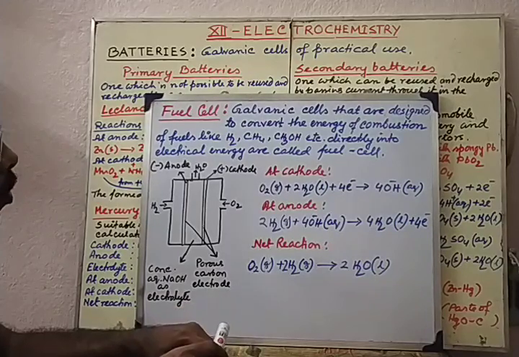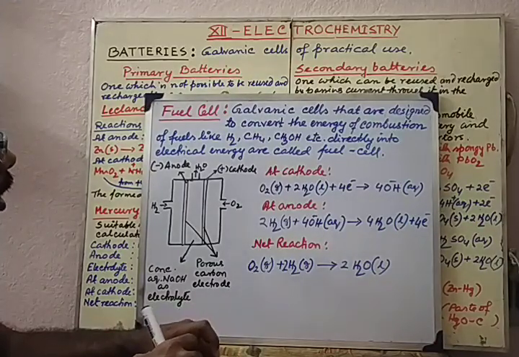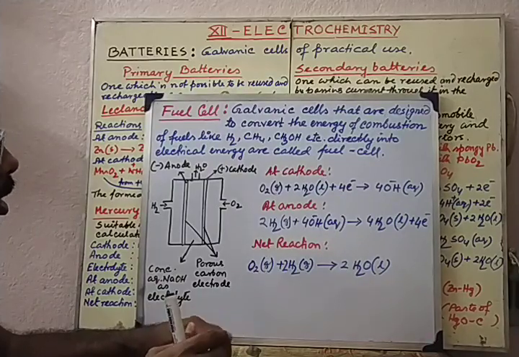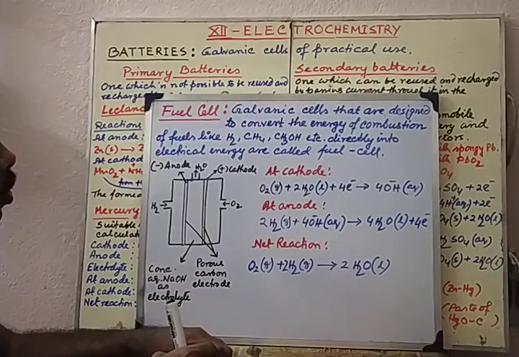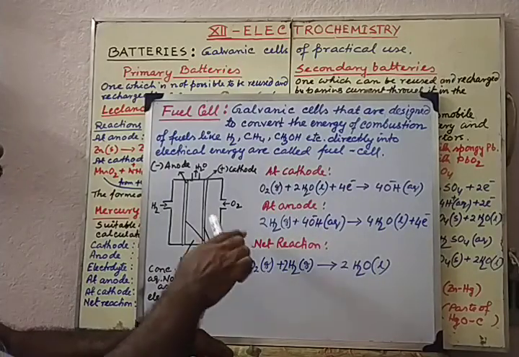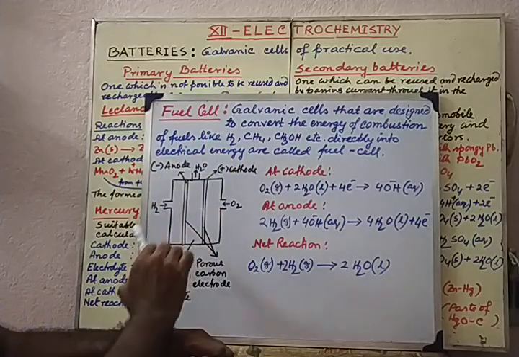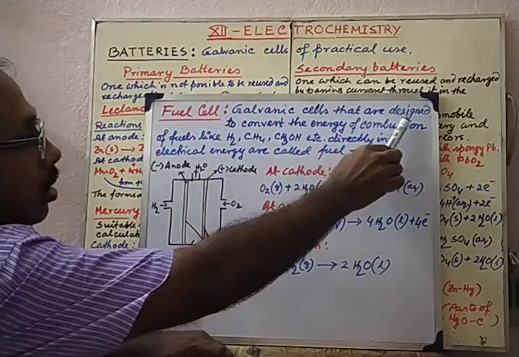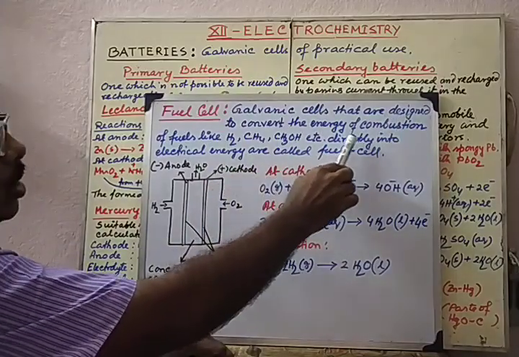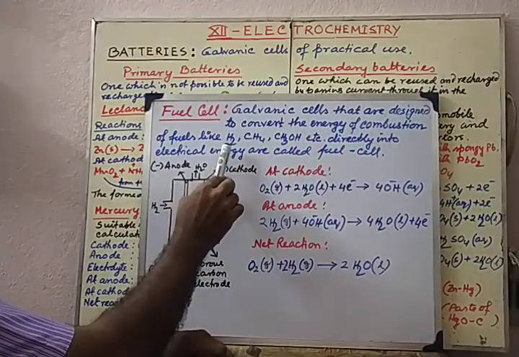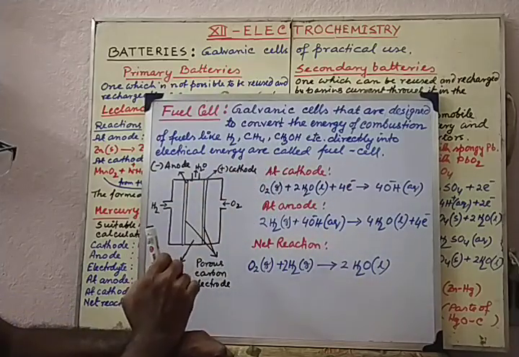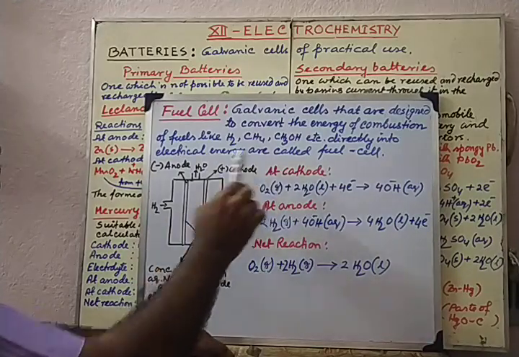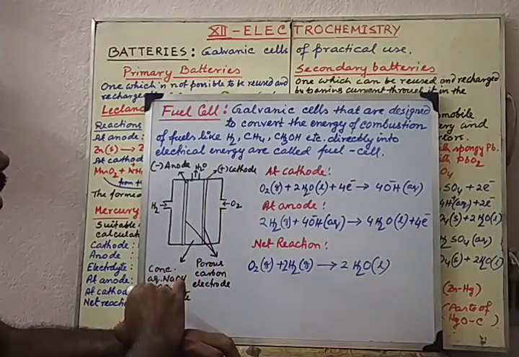The most important one that was found is the hydrogen oxygen fuel cell, which was used in the Apollo space program. Before that, here is the definition of a fuel cell. A fuel cell is a galvanic cell designed to convert the energy of combustion of fuels like hydrogen, methane, methanol, etc. directly into electrical energy. So this kind of cell is called a fuel cell.